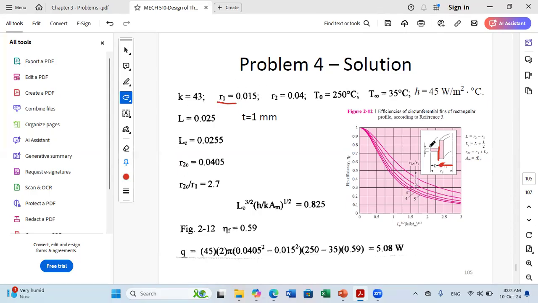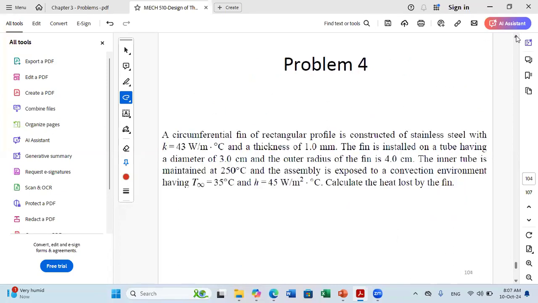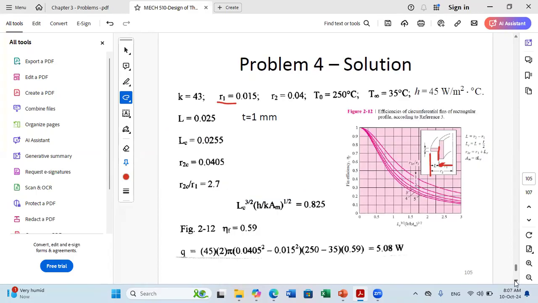And the outer radius of the fin, which is this one, R2, they said the outer radius is 4 centimeters. So R2 is equal to 0.04 meters.